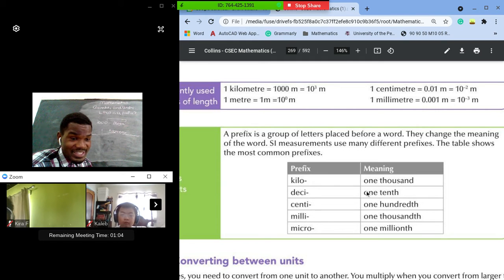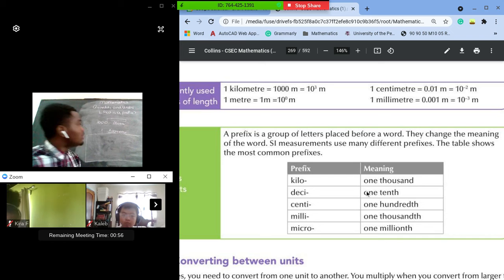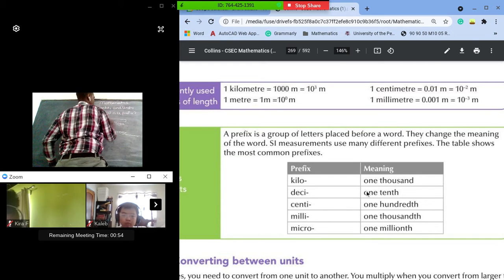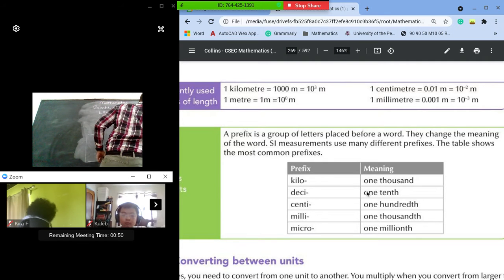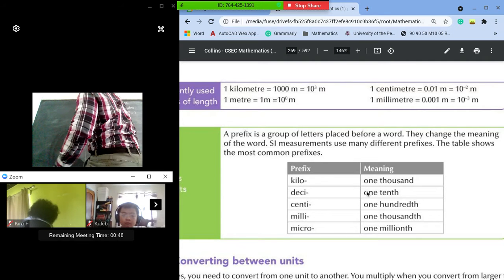That's crazy. I know. So, before the timer ups, I'm going to give you 1 minute to try this question. How many centimeters make a meter? And how many millimeters make 1 meter?